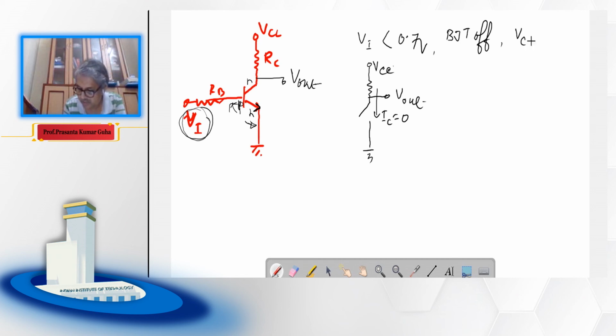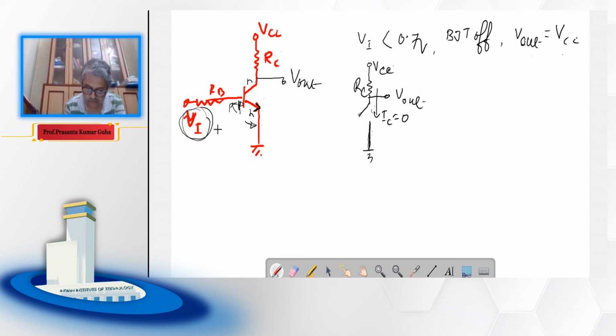We can write V out equal to VCC, because there is no current flowing through the transistor and so there is no voltage drop across RC. It is like a voltage divider circuit where we have RC here and as if infinite resistance, because this transistor is off. So the entire voltage is across this infinite resistance, and we get V out equal to VCC.